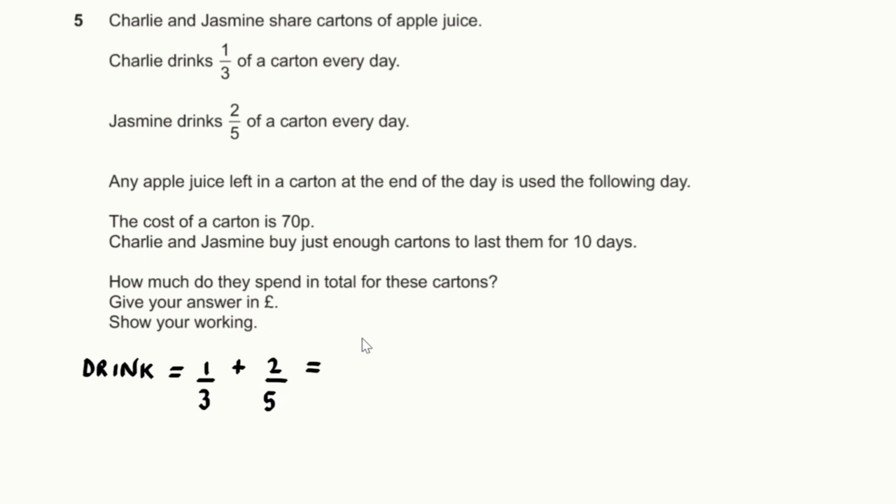And if we work out what this is, if I write them over a common denominator of 15, then we have 1 times 5, which is 5, 2 times 3, which is 6, so we end up with 11 over 15. So this is how much they drink every day.